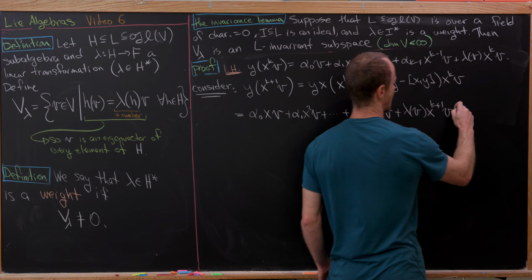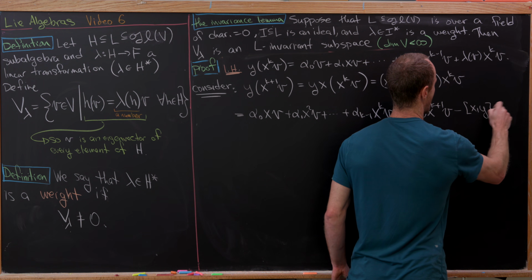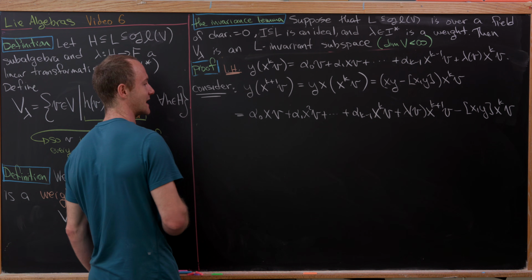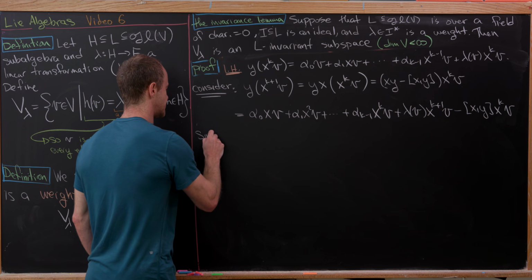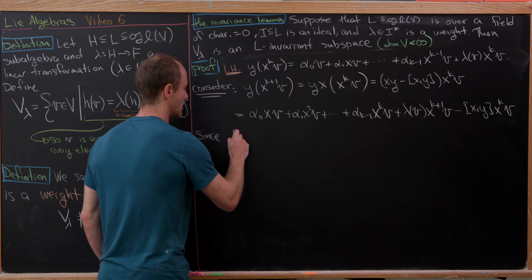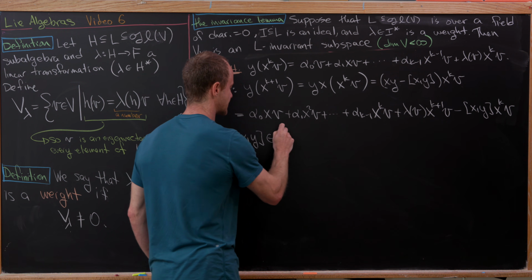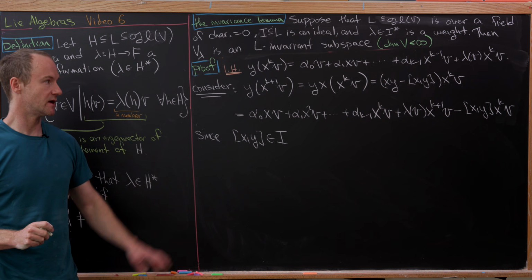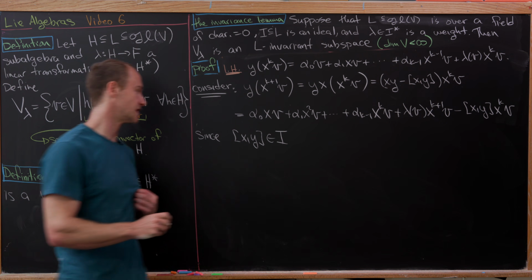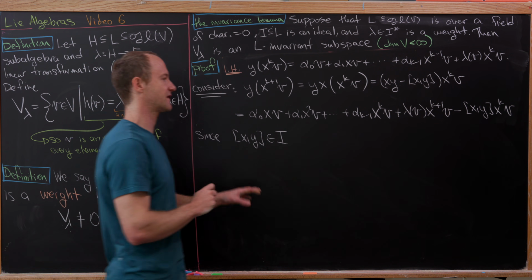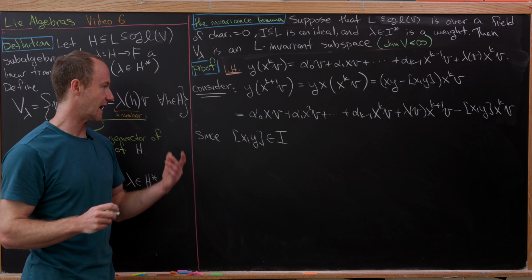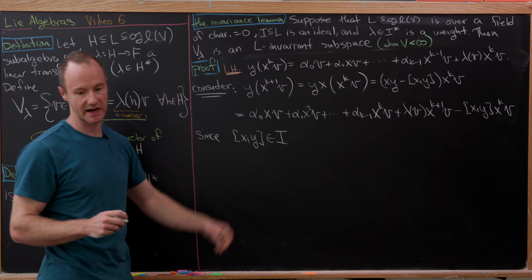So next up, we'll have this minus bracket xy applied to x to the k v. But now we're going to use the fact that we had an ideal here. Since I was an ideal and y was in I, we know that bracket xy is also inside of I. But notice that bracket xy is hitting x to the k v. So we can apply the induction hypothesis to that, because y was essentially an arbitrary element from I. So we're just replacing y with bracket xy.